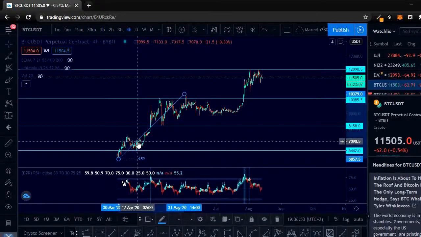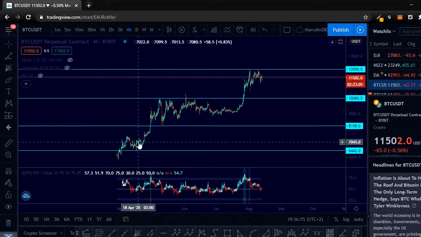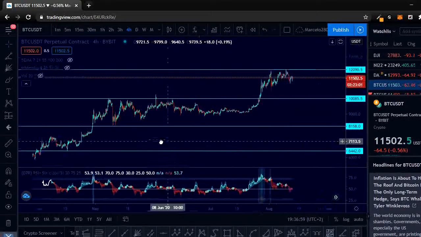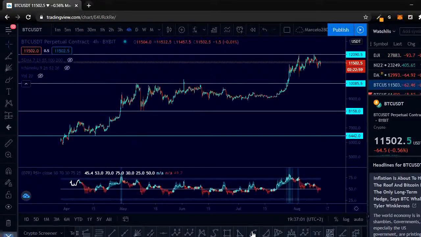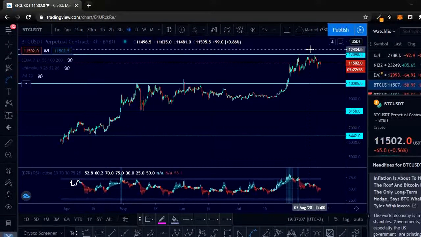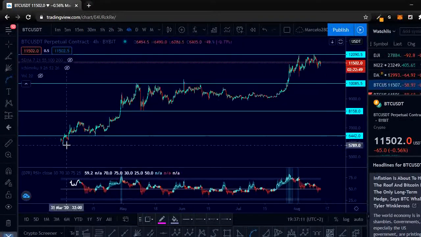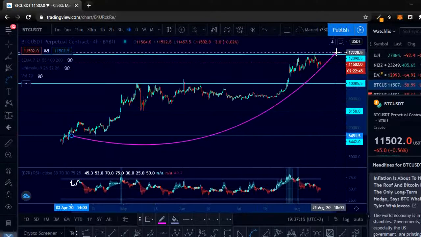Really nice tool there. Another item that I really like is the curves. So we have a curve here. With a curve, you will identify the curving of a trend and try to match where the trend will go, but with a curve as opposed to a line.